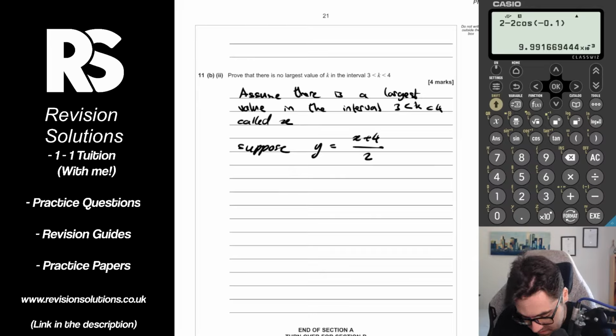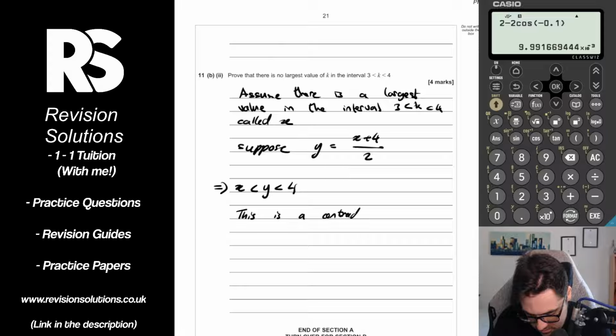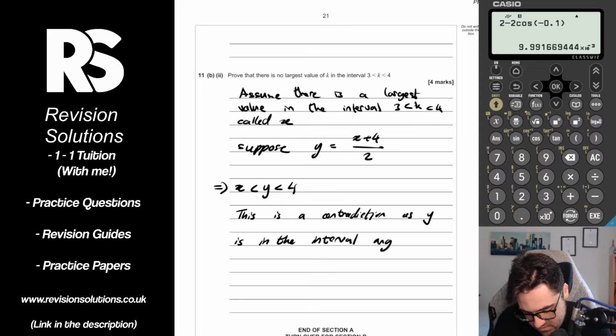This would then imply that, well, y is greater than x, but less than 4. But that's a contradiction, as y is in the interval and greater than x.